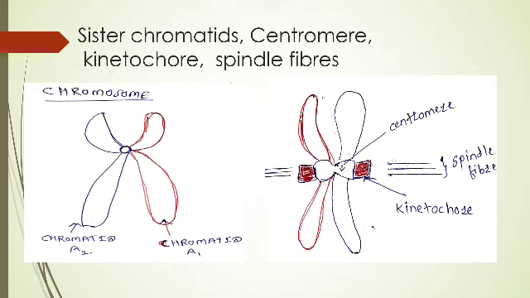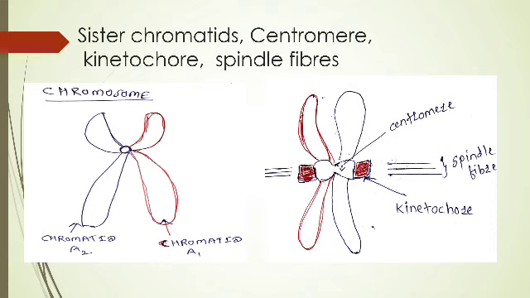Next, the second figure. Here you can again see two sister chromatids, and in the center I have shown the centromere a little differently from the first one. Here the centromere is divided into two parts, and each part of the centromere, on opposite sides, contains specialized proteins, and that specialized protein is called the kinetochore.